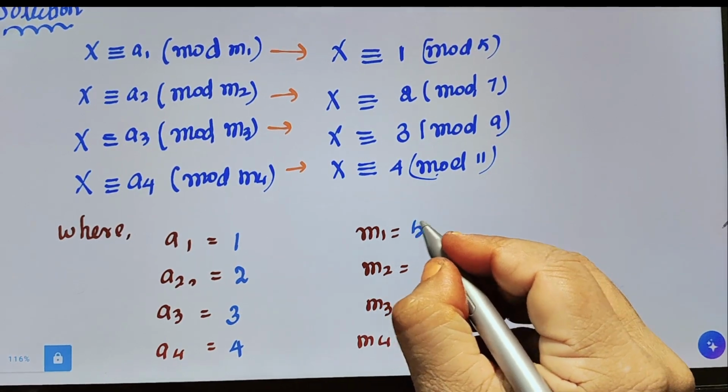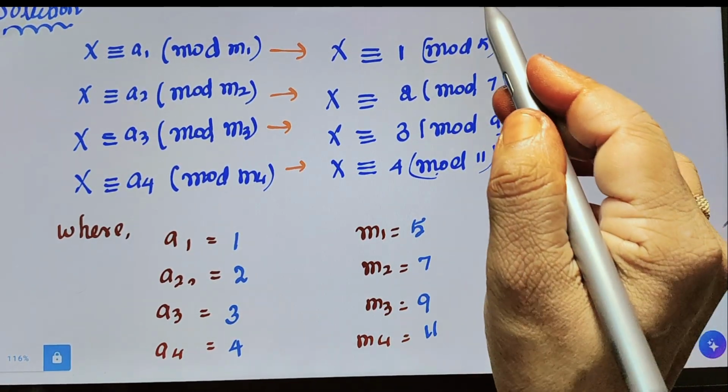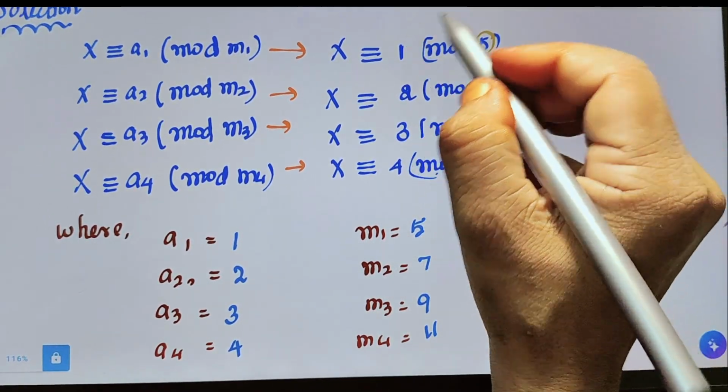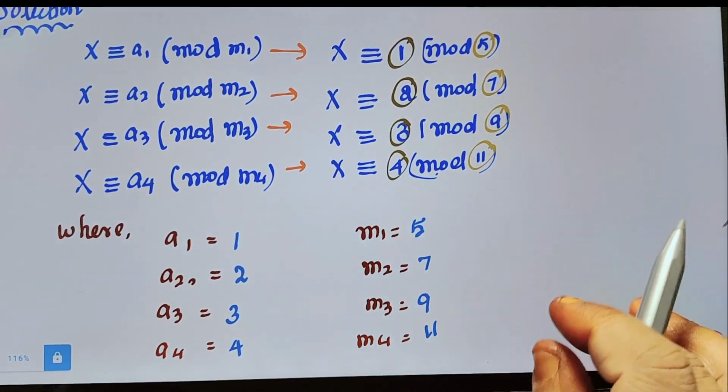Likewise, m1 value 5 and m2 is 7, m3 is 9, m4 is 11. Here the values are a1, a2, a3 and a4.